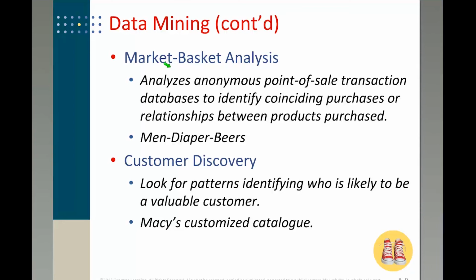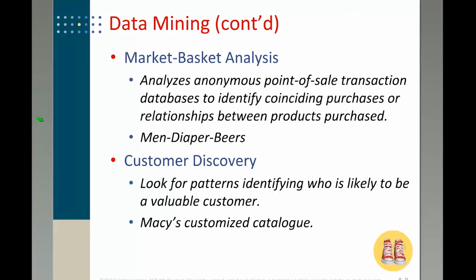So what they find is that when men go out to shop for diapers, they usually grab a few cans of beers on their way out. And this is found through analyzing transaction databases.